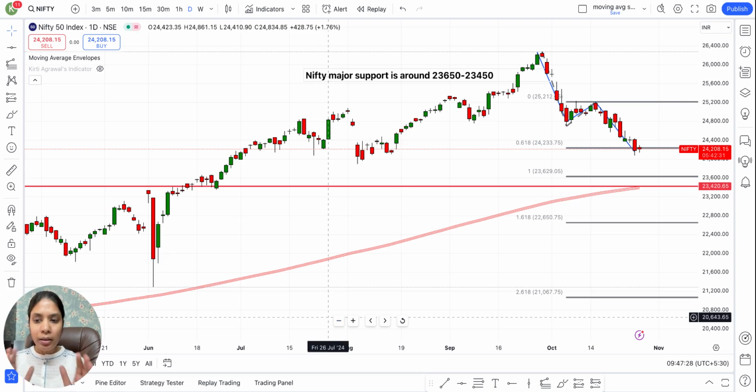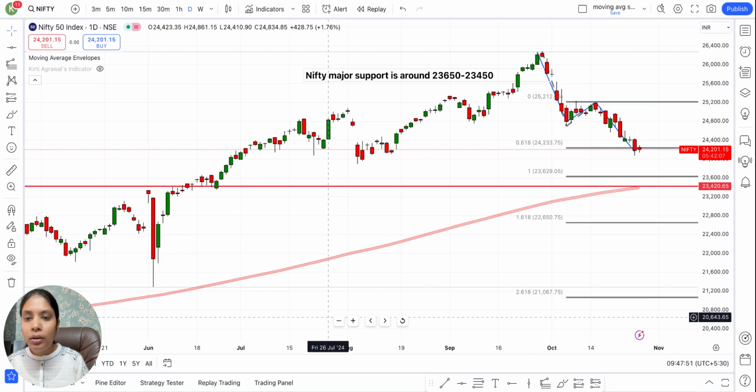So this is the complete analysis of the market. For you, I have two suggestions. If you are a long term trader or investor, wait for the 23,650 to 450 level, and there start adding to your portfolio, slowly continuing to deploy money and build your portfolio again.